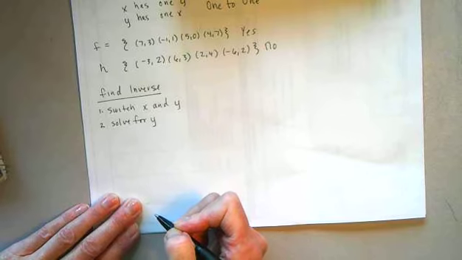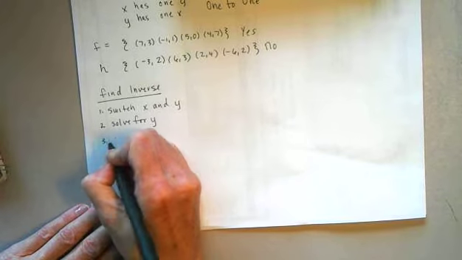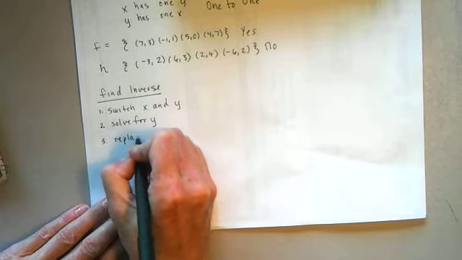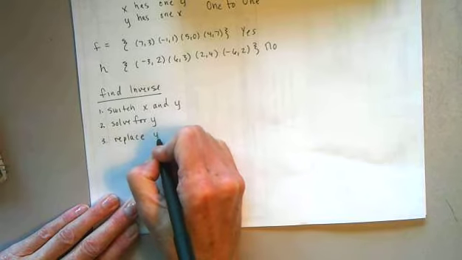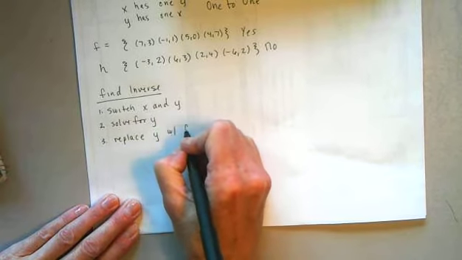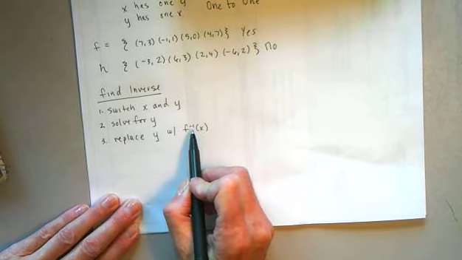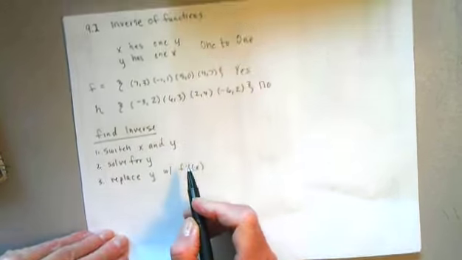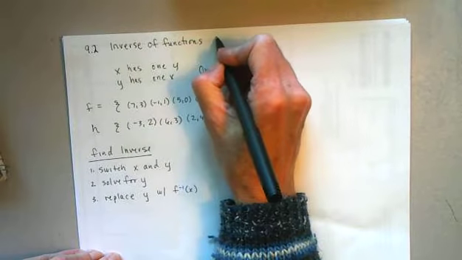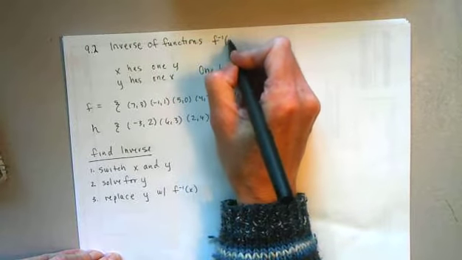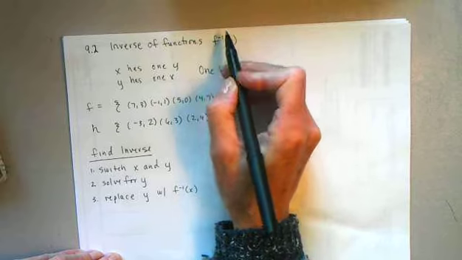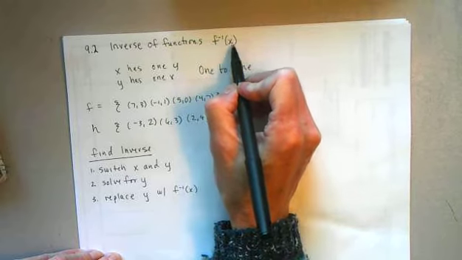And lastly you want to tell them that that is the inverse. So you'll replace y with f to the -1 of x, which is the notation for the inverse of a function. So I'll put that up here at the top. For the inverse, instead of just saying f of x, we say the inverse f of x.